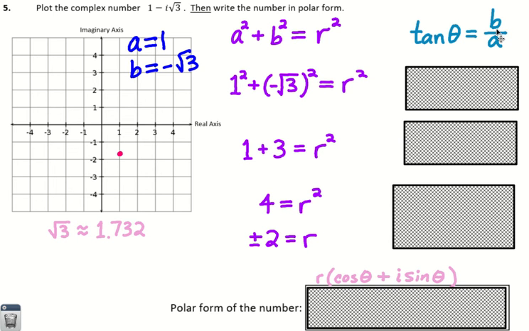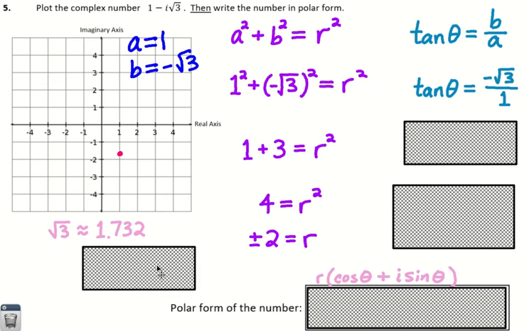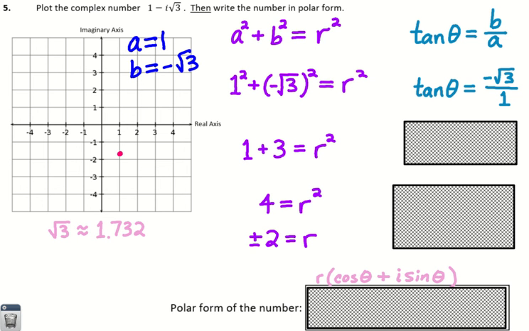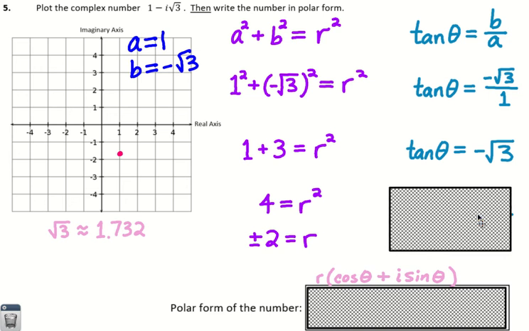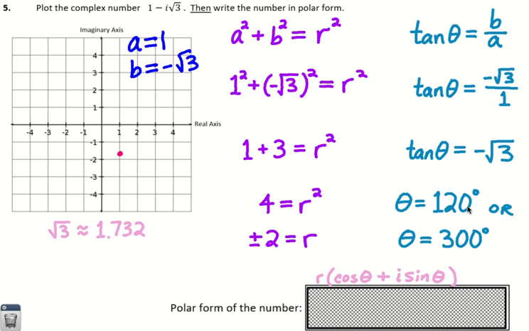Again, having A and B is just like having X and Y. So you plug in for B, you plug in for A. That simplifies to just that. So now you can easily check your cheat chart, and there's 2 angles that you have to choose between.